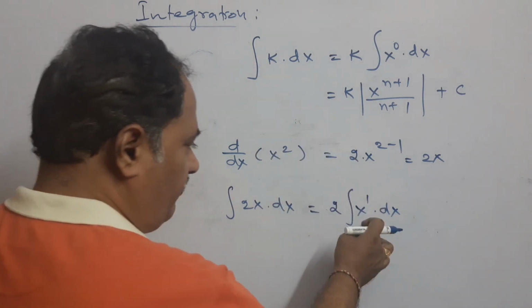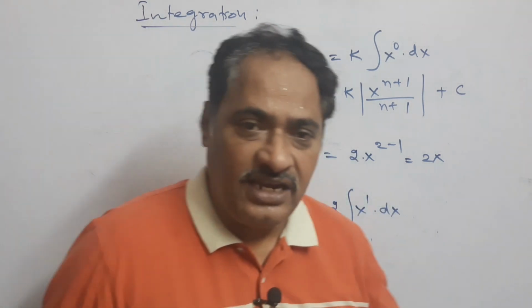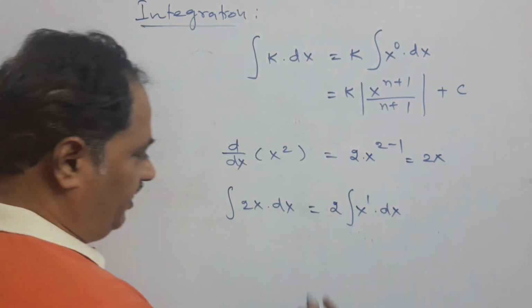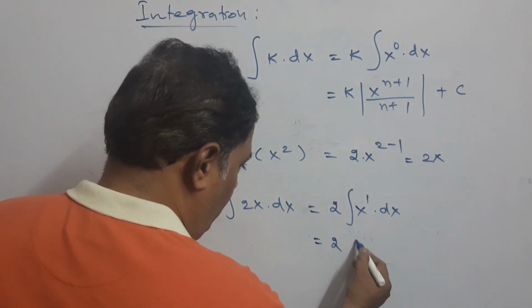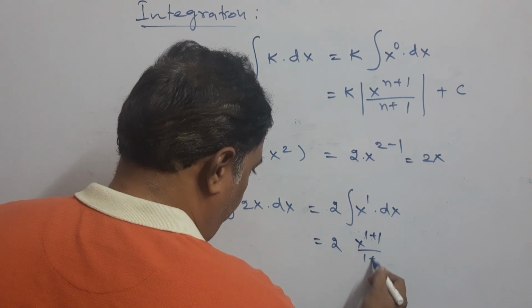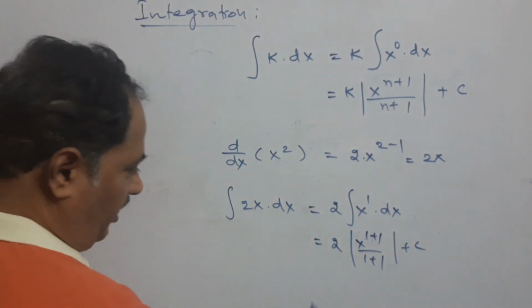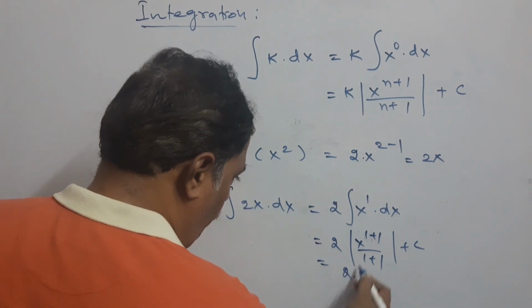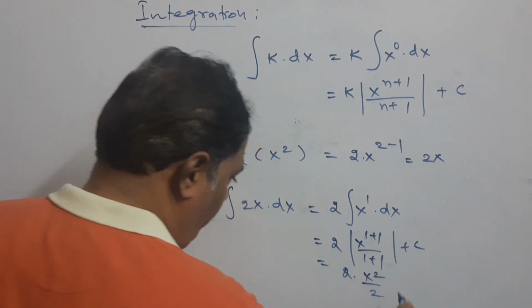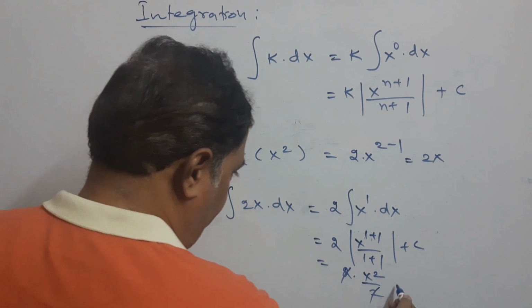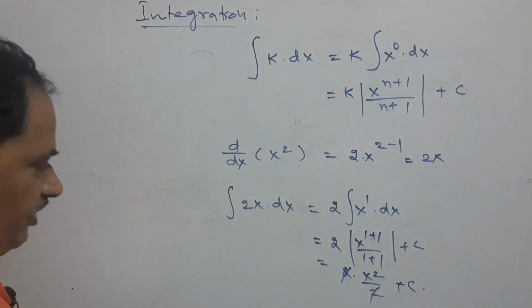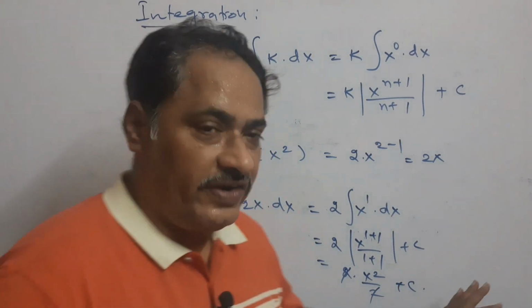After that use the equation for x power n dx. Then you can take 2 into x power 1 plus 1 by 1 plus 1 plus c. Therefore, this is nothing but 2 into x square by 2. 2 and 2 get cancelled. Hence, you are able to get that basic equation once again.